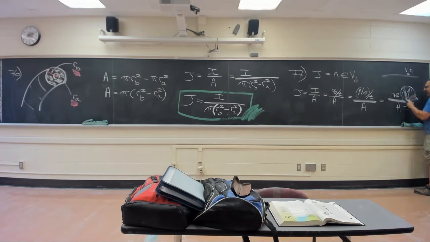That much volume of charge has moved, times the number of charges per unit volume, will tell you how many charges have moved, times the charge per charge carrier. That's the amount of charge that's moved, divided by t.